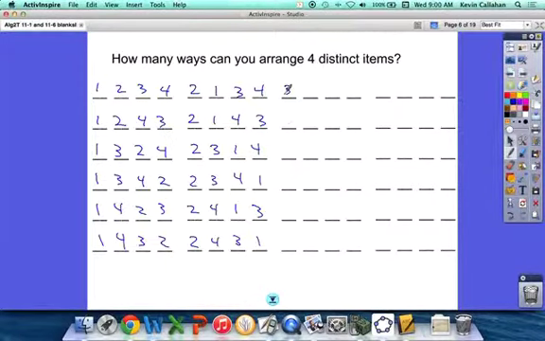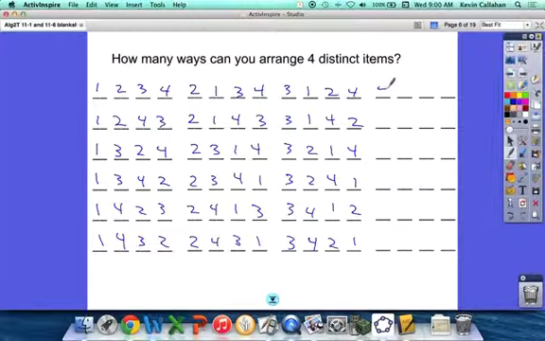Now we could have 3 in the first spot. And we can have 1, 2, and 4. And if there's a 3 and a 1 there, then there's a 2 and a 4, and a 4 and a 2. And it's a 3 and a 2, so it's a 1 and a 4, and a 4 and a 1. 3 and a 4, so it's 1 and 2, and 2 and 1.